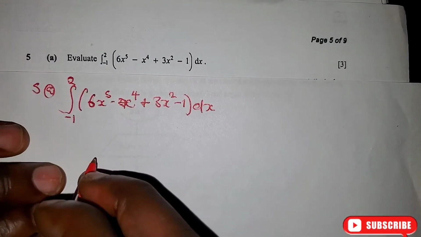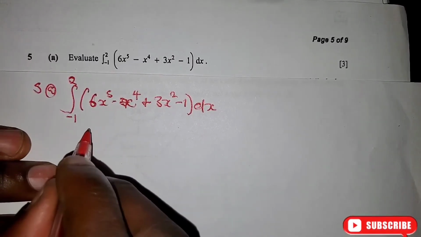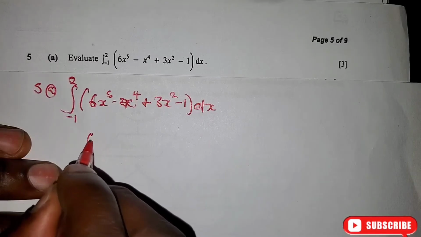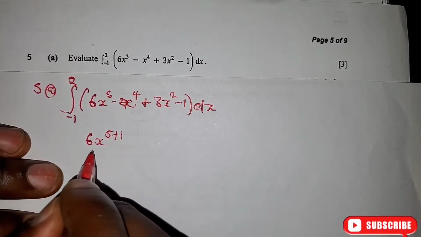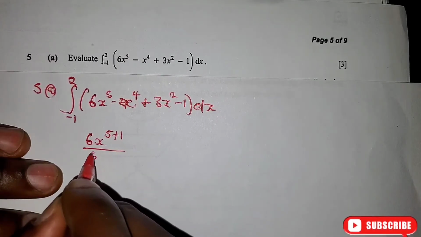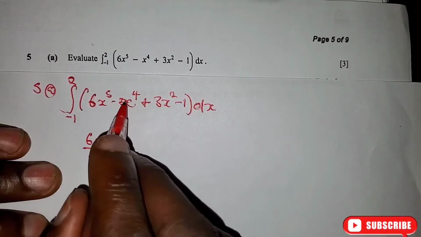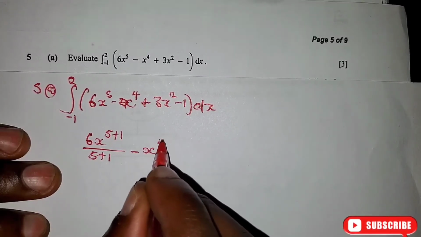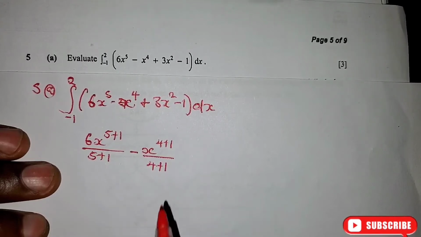Then what you do here is add 1 to the powers: it will be 6x to the power 5 plus 1, divided by 5 plus 1, minus 4x to the power 4 plus 1 over 4 plus 1.